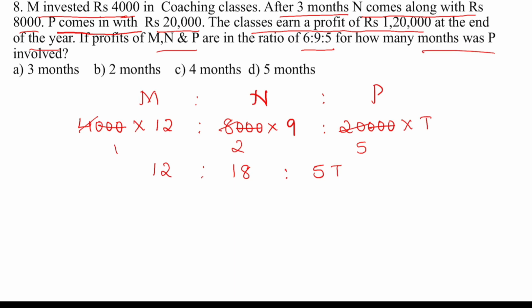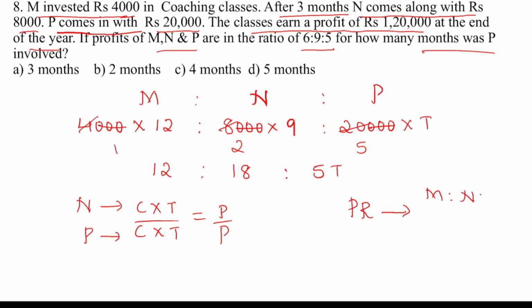Okay. Now we know that any one we can take. Yan's capital into time divided by, we want P, isn't it? So P's capital into time is equal to their profit ratio, isn't it? So the profit ratio we know of all the three.